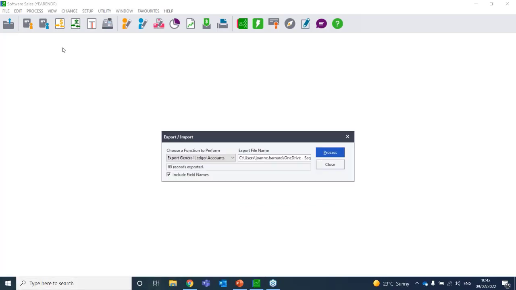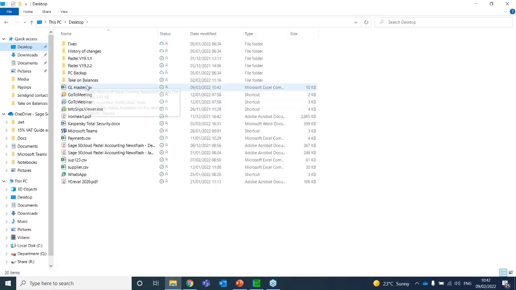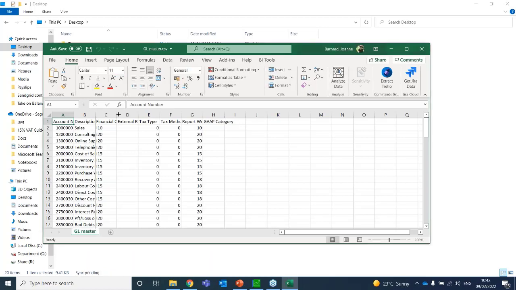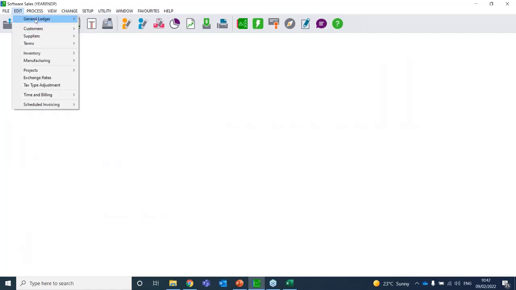If we do that, this might make it a little bit easier, as I said, if you have hundreds of accounts, especially if you have a lot of sub-accounts. Guys, you can open this up and you can very quickly, for example, find the category. You would obviously need to know what the category is in Pastel. So if you're not sure what that category is, again, edit general ledger accounts.